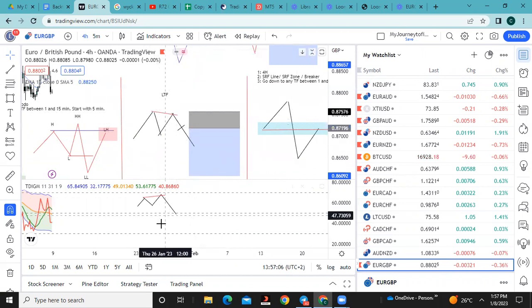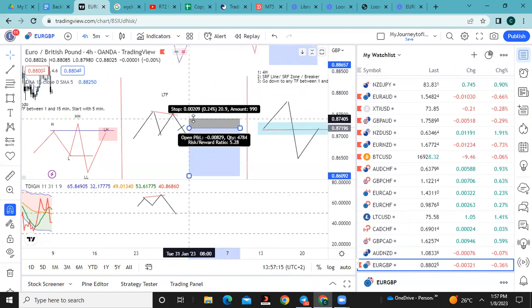So you'll get your TDI divergence there, and when price finally closes below the 13-year MA, you'll take your entry. Stop loss can either be above the previous candle, or it can be just by this high here, or a little bit above that high if you want to be safe.